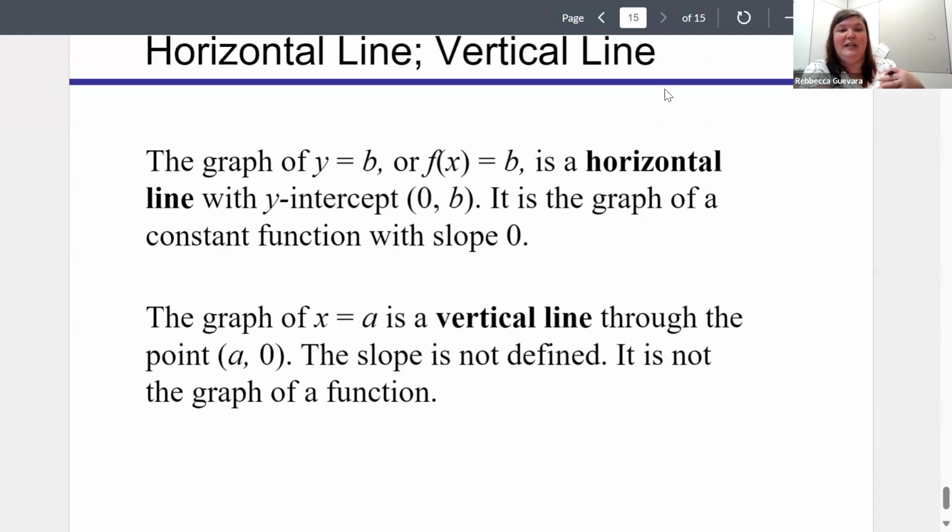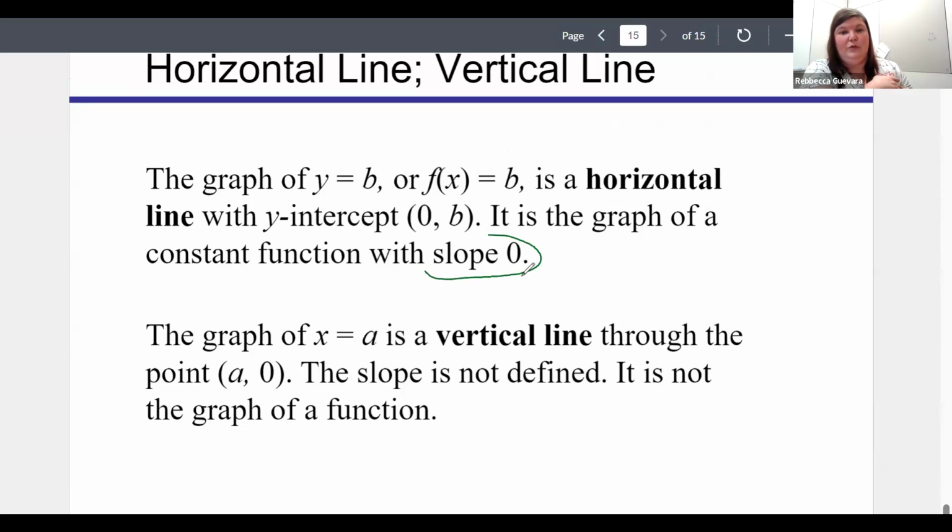It is the graph of a constant function with a slope of 0. So those always have slopes of 0. I'd say ignore this part right now. But anytime you have y equals b, as a horizontal line, we know it's going to intercept the y-axis. The slope is going to be 0.